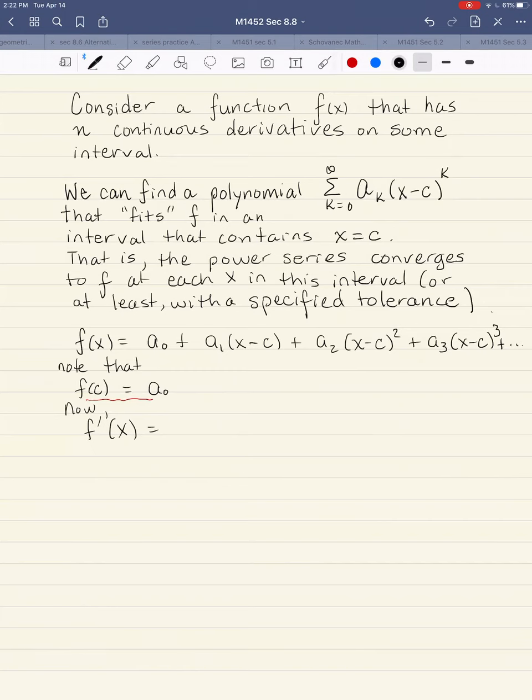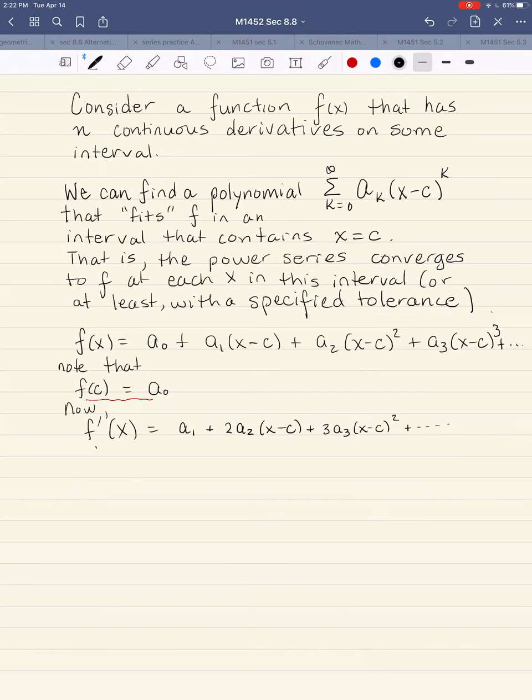Now let's take a derivative of that polynomial. The derivative of a0 is 0. The derivative of x minus c is 1, so we get a1. Then we'll take the derivative of x minus c squared and get 2a2 times x minus c to the first. Then the derivative of the next one gives 3a3 times x minus c squared.